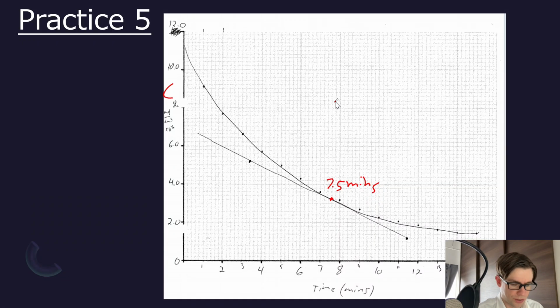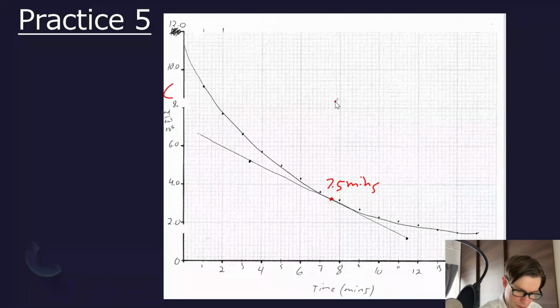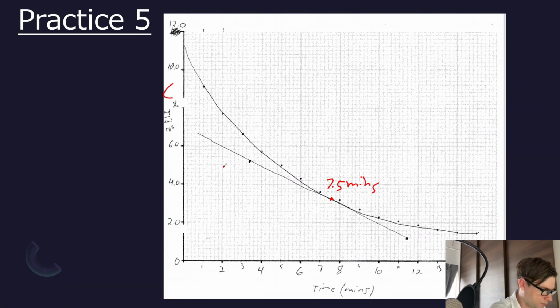So I'm going to choose my two points there. It's better to choose points that are farther away. That's why I'm choosing these two. My points will be about 3.4 and 5.2, and don't forget, this is times 10 to the minus 6.